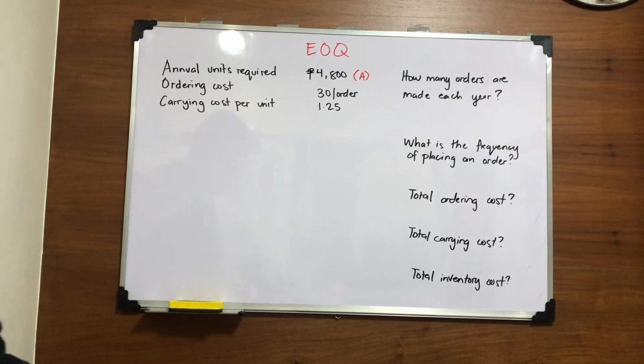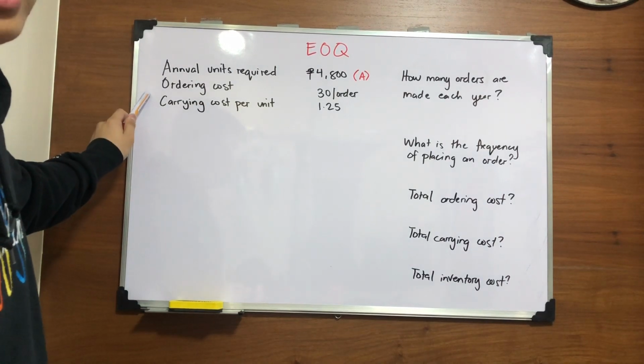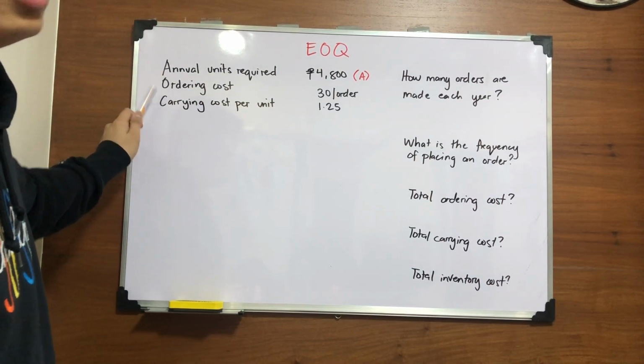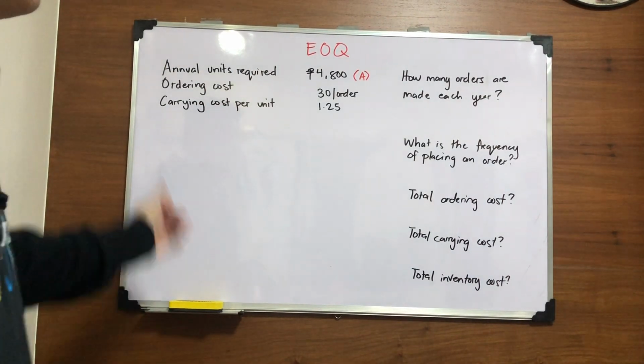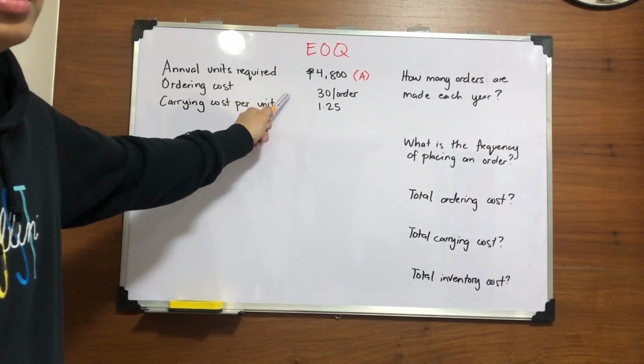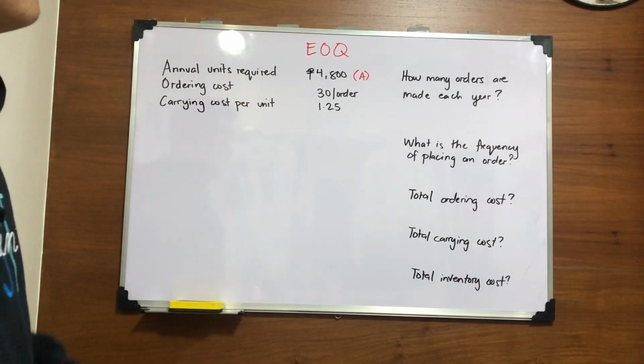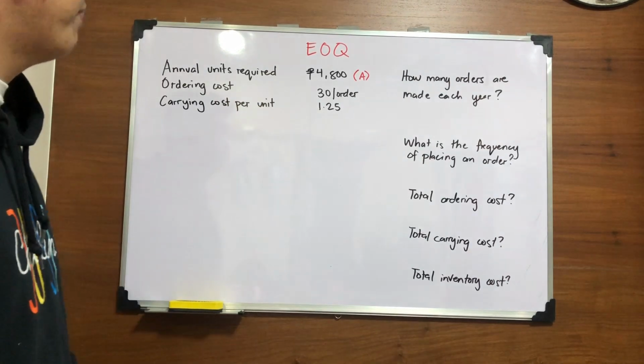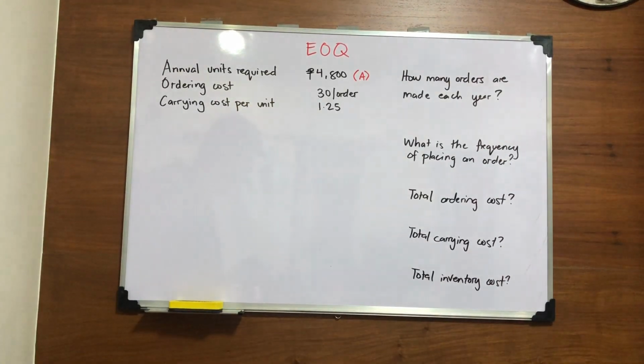So examples of this are your cost of placing and receiving orders, like cost of processing documents, insurance for shipments, and unloading costs. So this is a one-time thing, okay? This is a one-time cost. So every time you order, this is the equivalent cost, okay? So in this case, for this order, you will spend 30 pesos, okay?